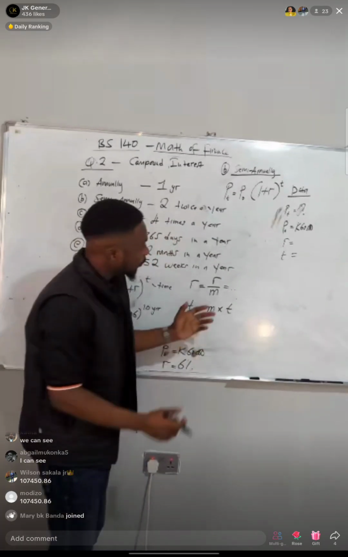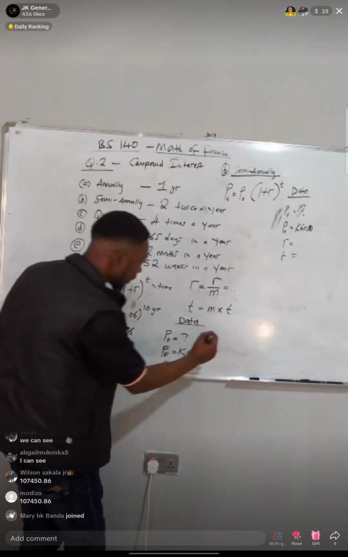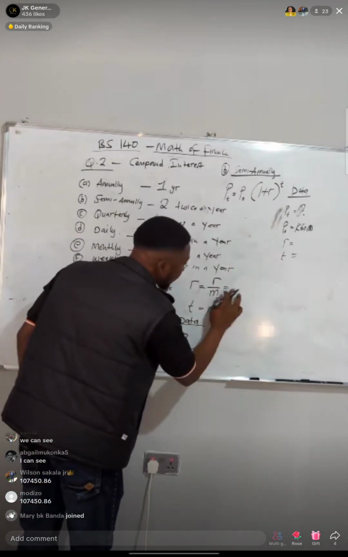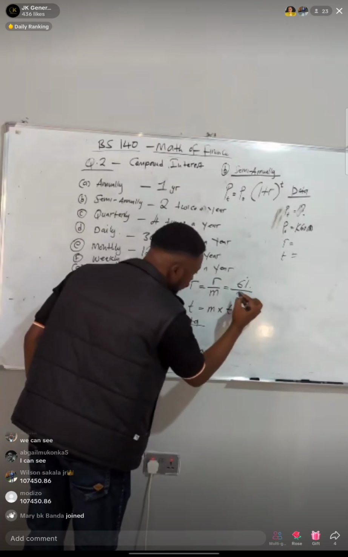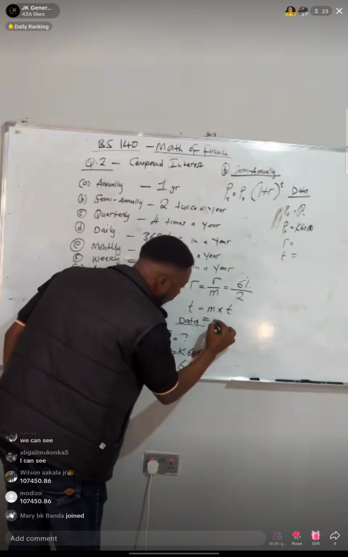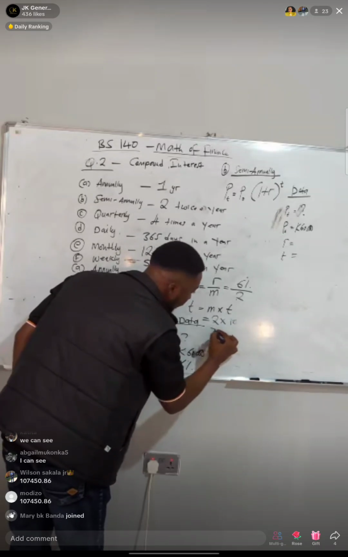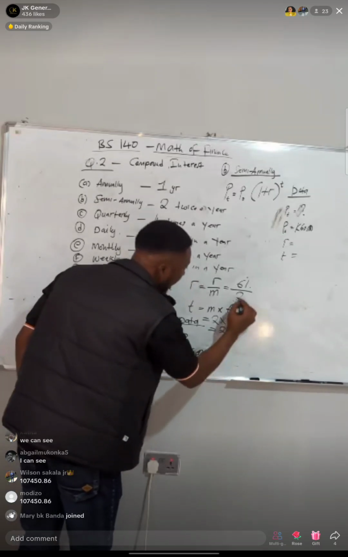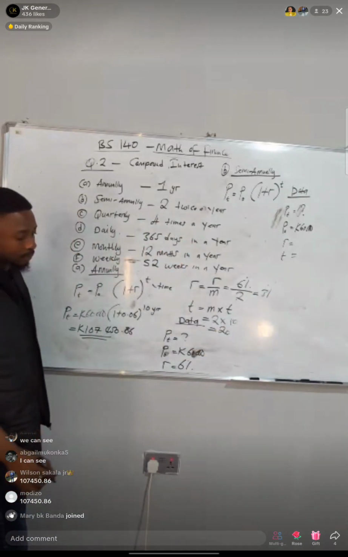Remember, this is semi-annual. So our rate is 6% divided by 2, and our M, which is how many times we are compounding, is 2, multiplied by our T, which will give us 20. This one will give us 3%.